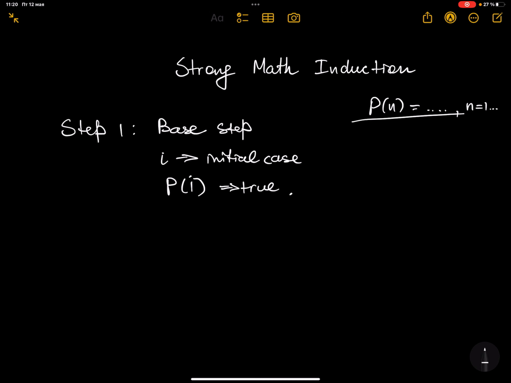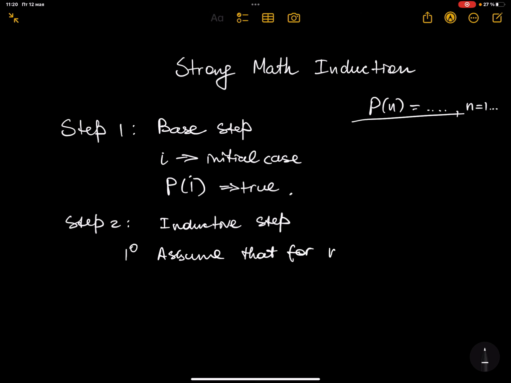So step number 1 is the same, but in step number 2, firstly, let me remind you that in the inductive step of simple mathematical induction, you assume that for n equals k, Pk is true.